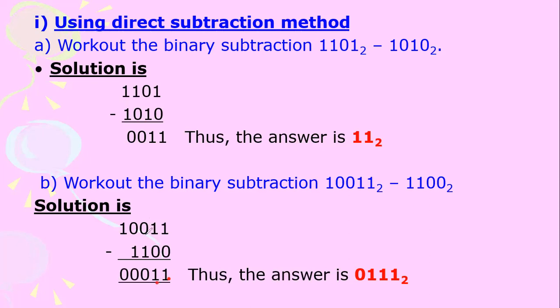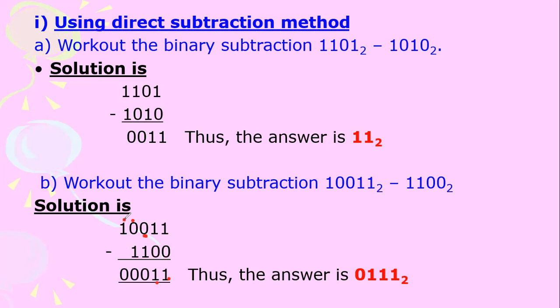Then 0 minus 1. We cannot subtract 1 from 0, so we borrow 1 from here. But then this is also a 0. So we move on to the next digit, which is 1. So we borrow 1 from this one here.